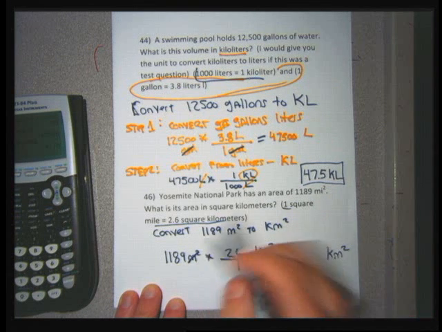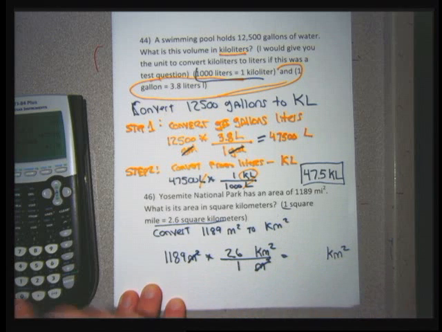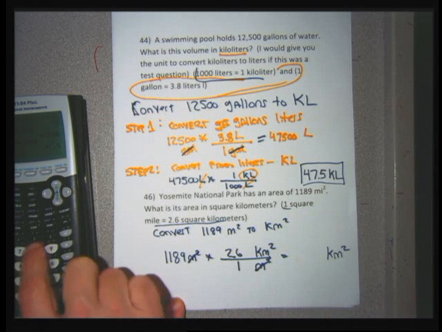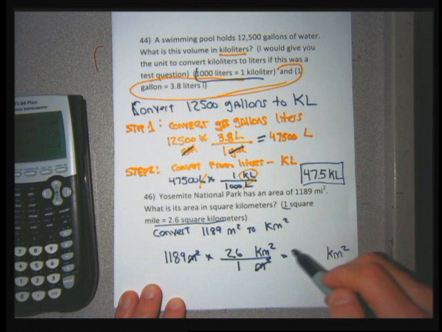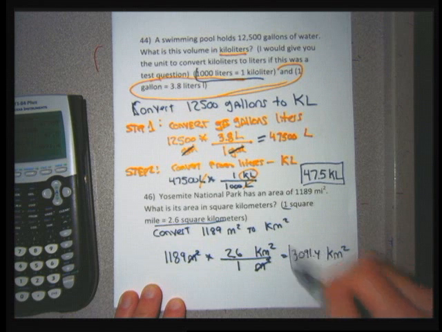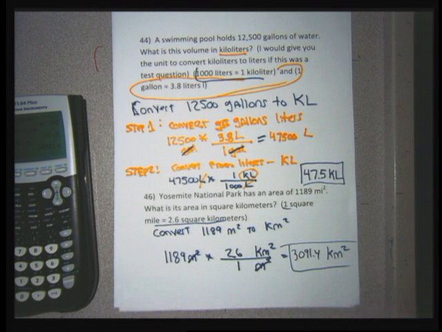This is a multiplying problem because the 2.6 is in the numerator. So if I multiply the 1189 times the 2.6, I get 3,091.4 square kilometers. So the area of Yosemite National Park is 3,091 square kilometers.